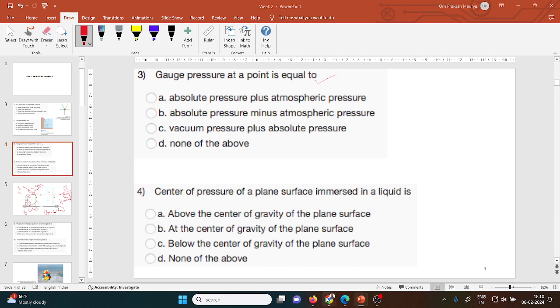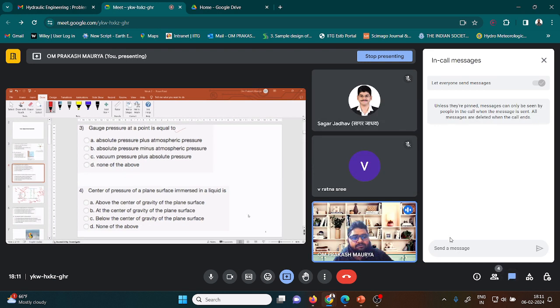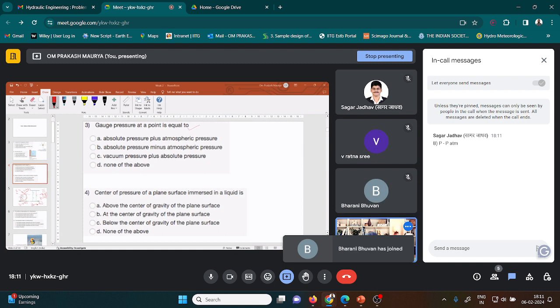The options are: absolute pressure plus atmospheric pressure, absolute pressure minus atmospheric pressure, vacuum pressure plus absolute pressure, none of the above. Always remember, your vacuum pressure is always less than the atmospheric pressure.